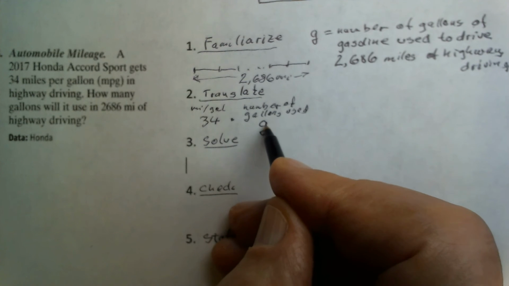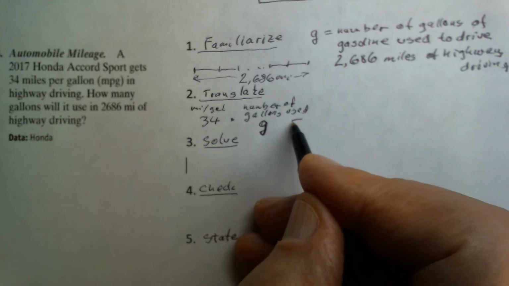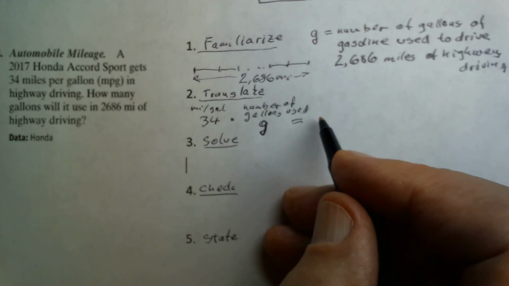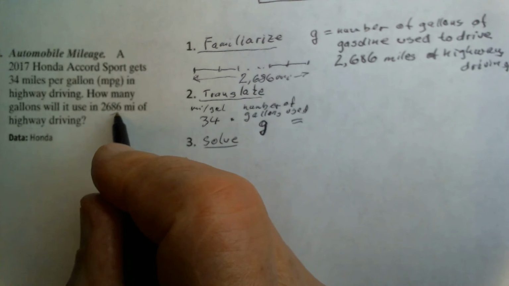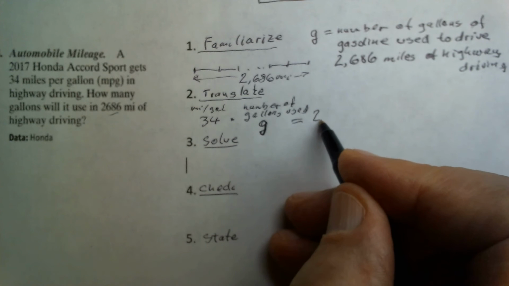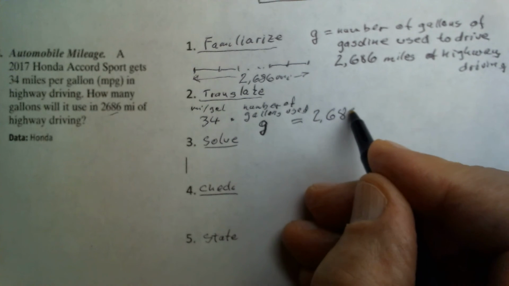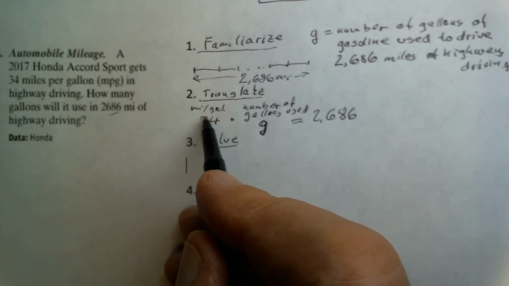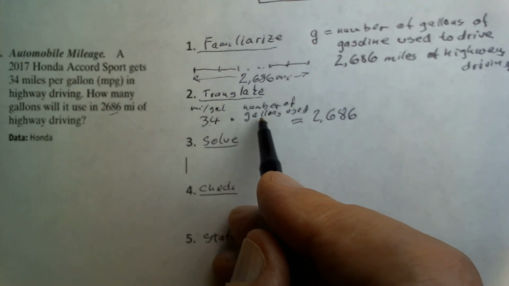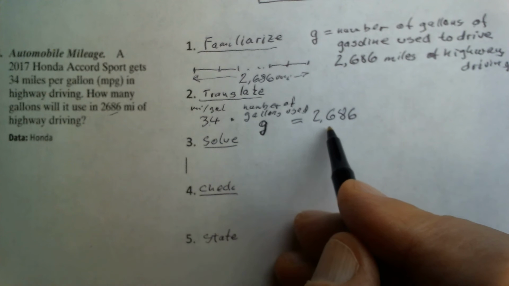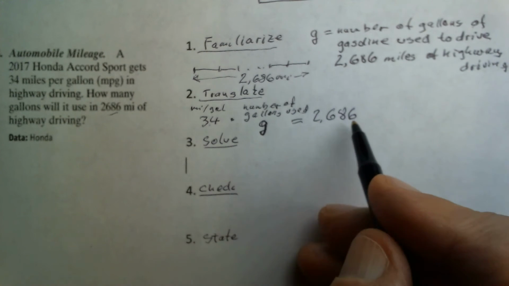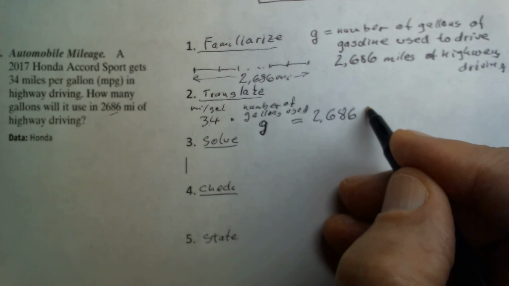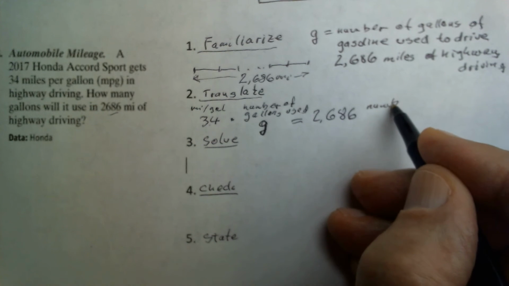That was G, and that has to equal the number of miles driven, which is 2,686. So we get 34 miles to the gallon, and we multiply this by the number of gallons used, and that has to equal 2,686 miles driven.